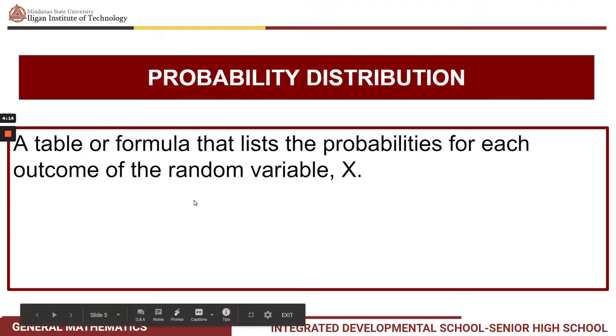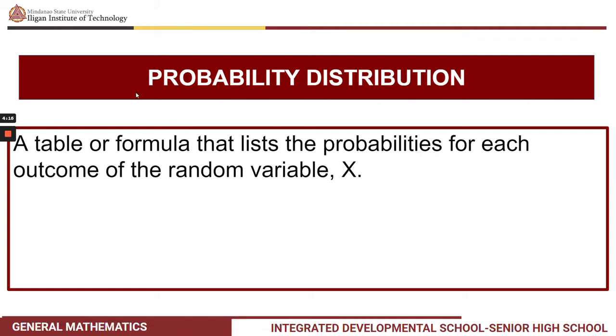So, a probability distribution is a table or formula that lists the probabilities for each outcome of the random variable X. Okay? So basically, di ba, if we have a probability experiment, possible that the probabilities of our outcomes vary.